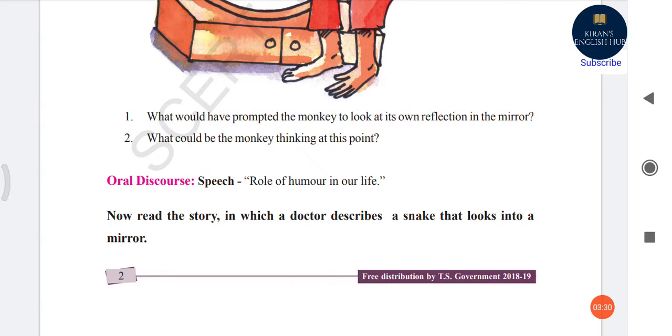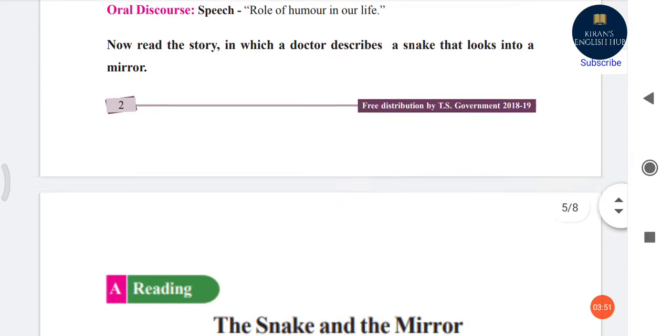Usually it is not possible for a snake to look into the mirror and dress up and get ready for itself. But we shall see what qualities the writer has given to this snake here. So we shall quickly get into the text.